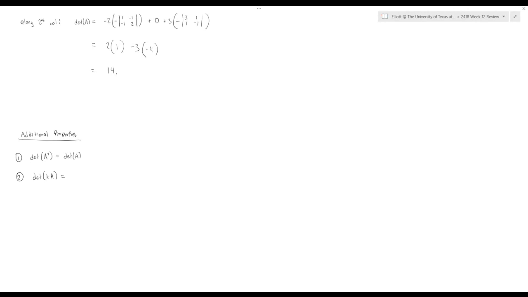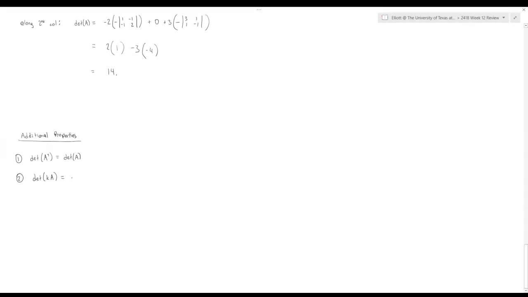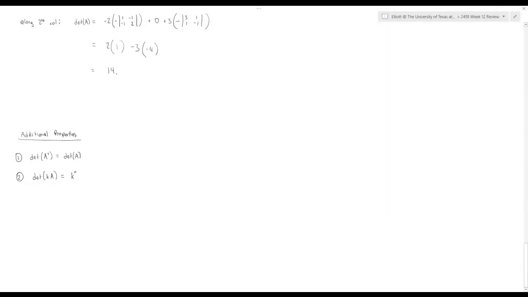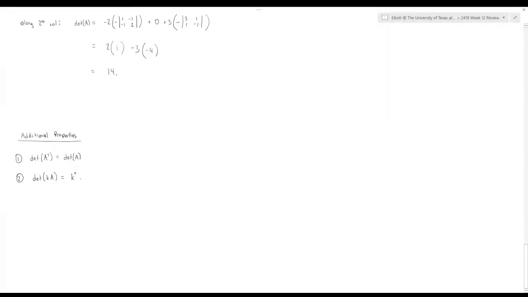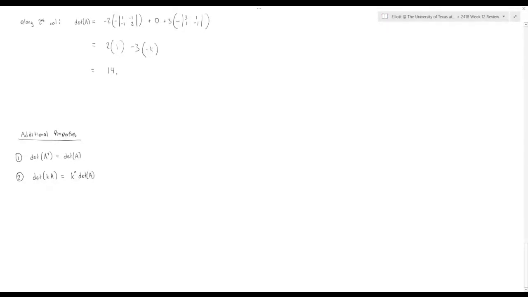So that ends up multiplying by k n times. So you get a factor of k to the n. So it'll be k to the n times the determinant of A for an n by n matrix A.